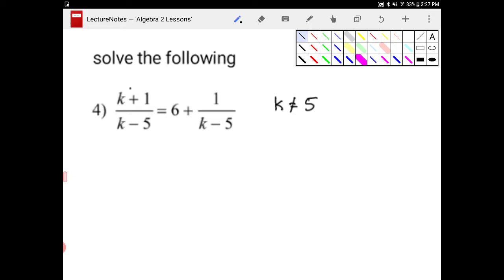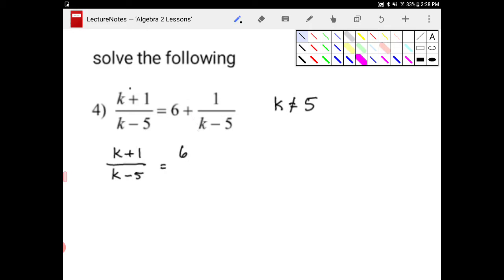Alright, so let's find out what the solution is. To do that, we're going to create common denominators. Actually, let's just create a common denominator. I'll keep the same method for all the different problems that we go through here.